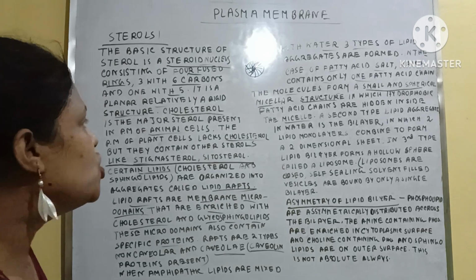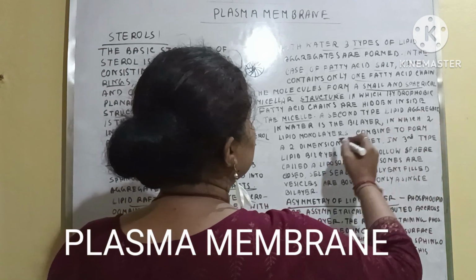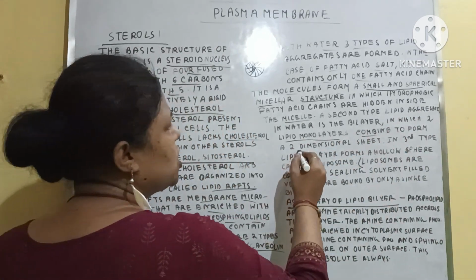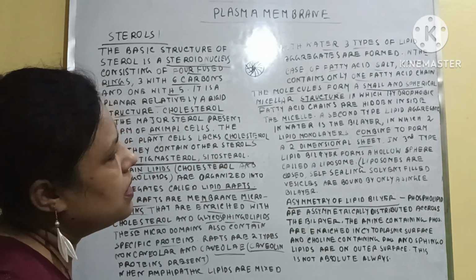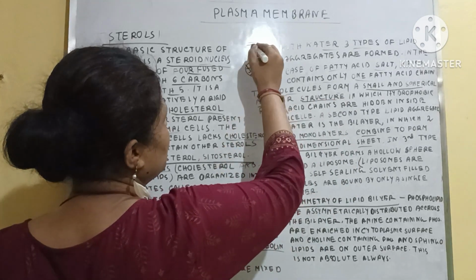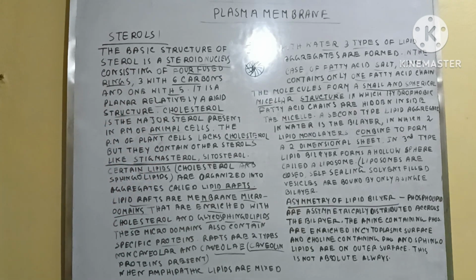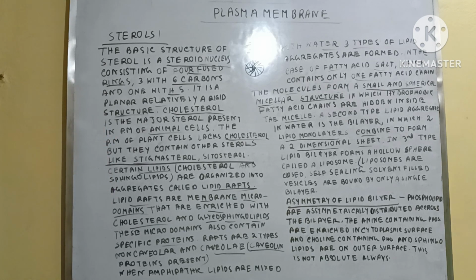In another arrangement, a bilayer is formed. Here the two lipid monolayers combine to form a two-dimensional sheet-like structure. In the third case, a hollow sphere-like structure is formed by the lipid bilayer.